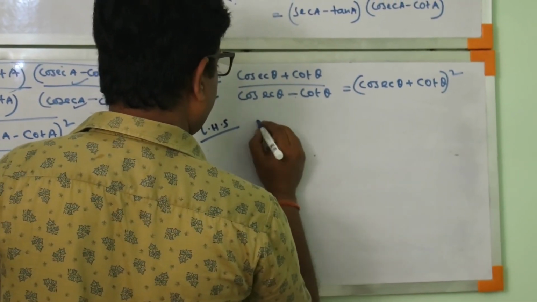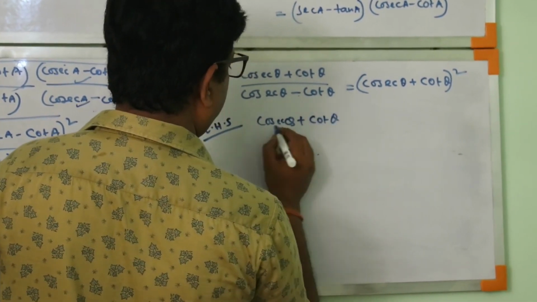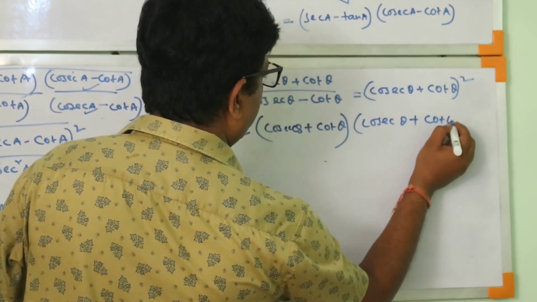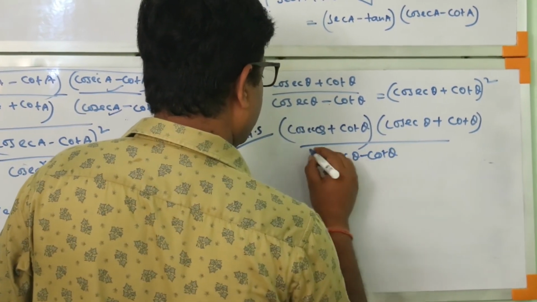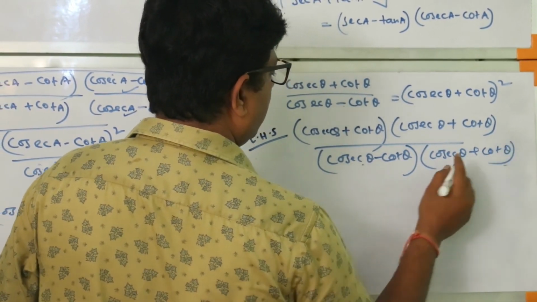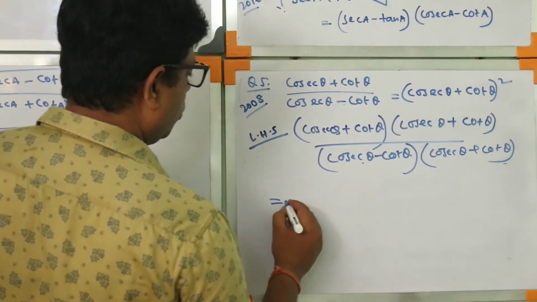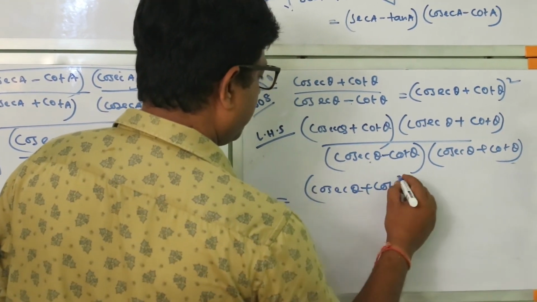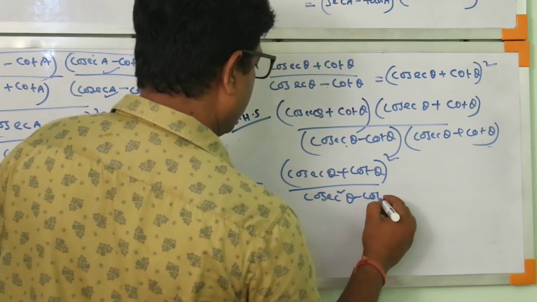Multiplying numerator and denominator by (cosec theta plus cot theta), we get (cosec theta plus cot theta) whole square divided by cosec square theta minus cot square theta.